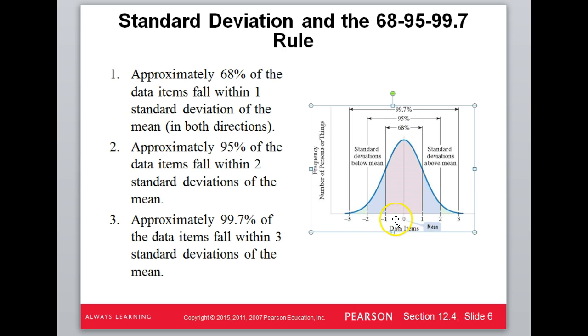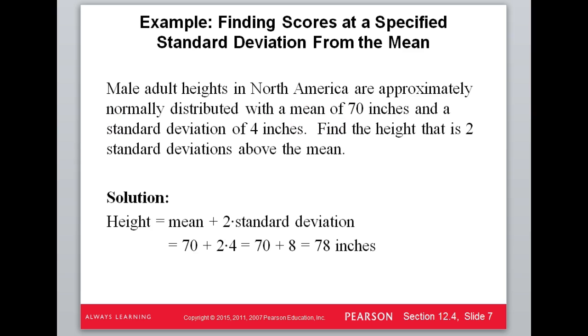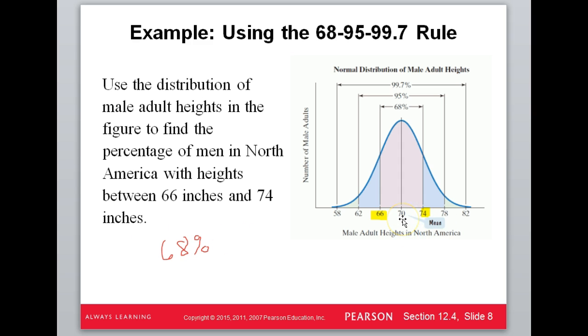Then when it becomes time to actually do one of these problems, right below the 0, write what the mean would be. The mean was 70, so we put that right below the 0, and then add 4, add 4, add 4, subtract 4, subtract 4, subtract 4. And then you have your numbers, and you can just look and see. Between these two numbers is 68%.